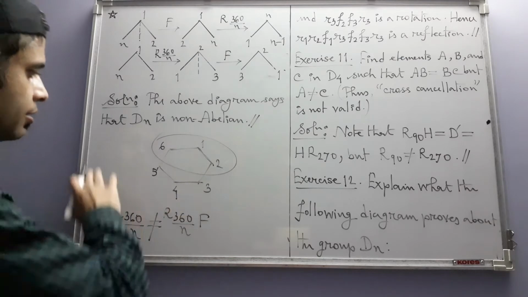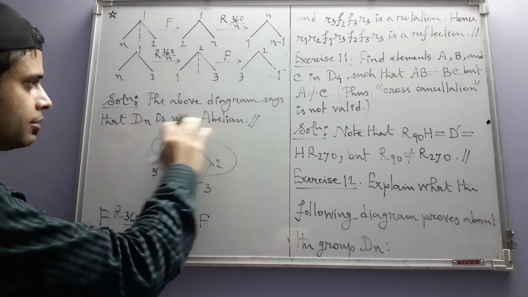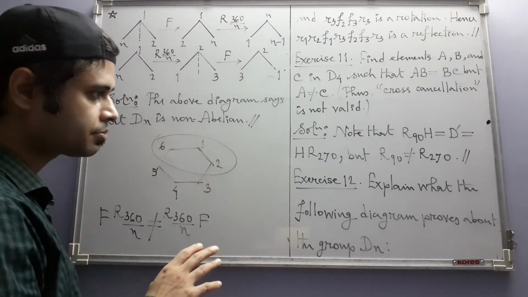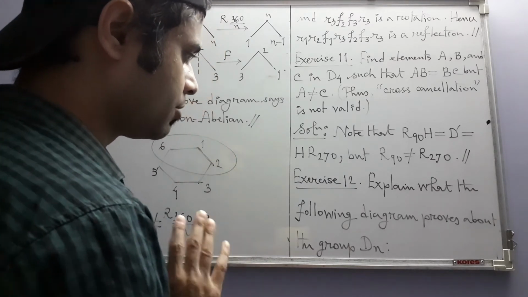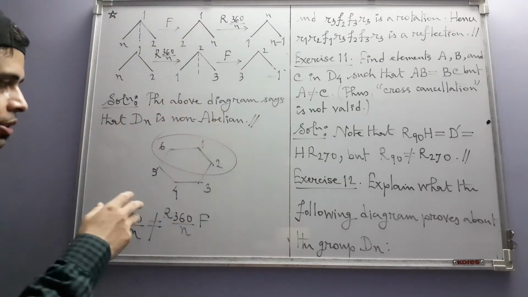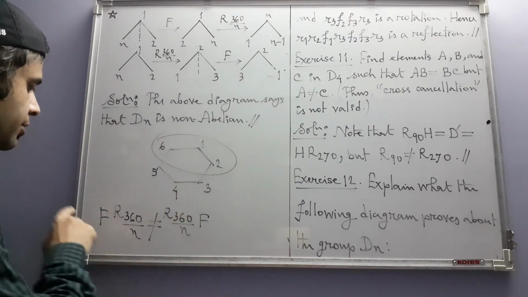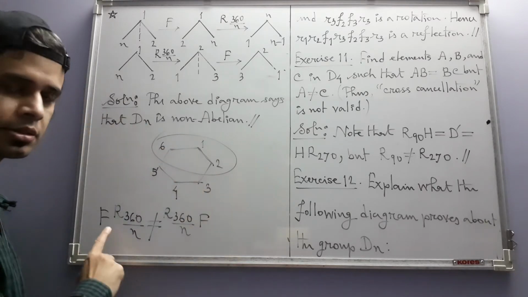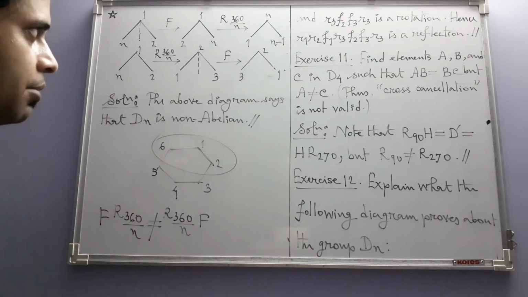So you can just argue like this in your mind, and you can write the final conclusion, because we have been asked to explain what the following diagram proves about the group. So if you want to make this solution somewhat longer and more elaborate, you can write: the above diagram shows this, and hence the group Dn is not abelian. Okay, so that will be the solution.